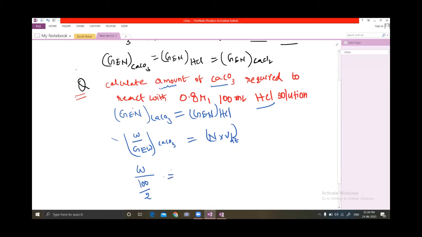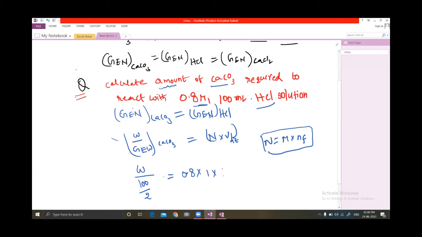If you don't know, I'm coming back to this. And normality into molarity. What is the relation between molarity and normality? Molarity into n factor is the relation between molarity and normality. For HCl, n factor equals 1, so normality equals molarity. So 0.8 into n factor 1 into volume.